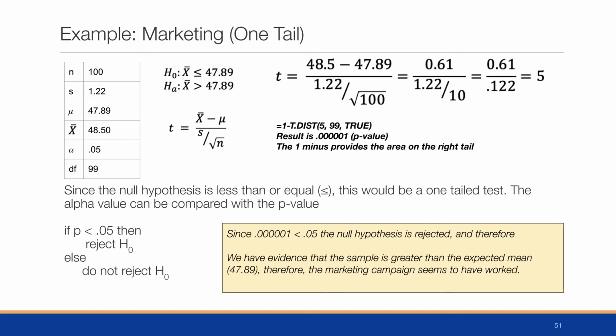Since the null hypothesis is less than or equal to, this is a one-tail test, and the alpha value will be compared directly with the p-value. Since 0.000001 is less than 0.05, the null hypothesis is rejected, and therefore we have evidence that the sample mean is greater than the expected mean, and therefore the marketing campaign seems to have worked.